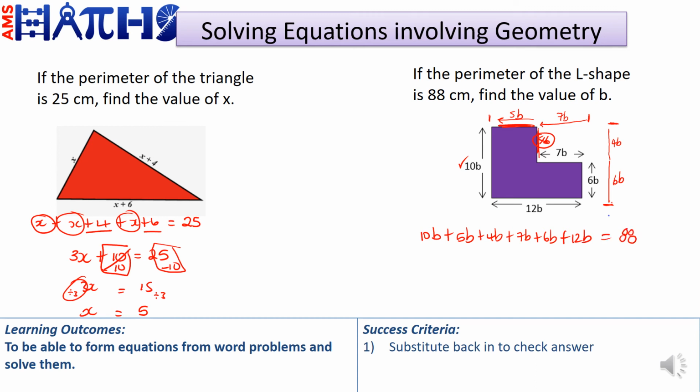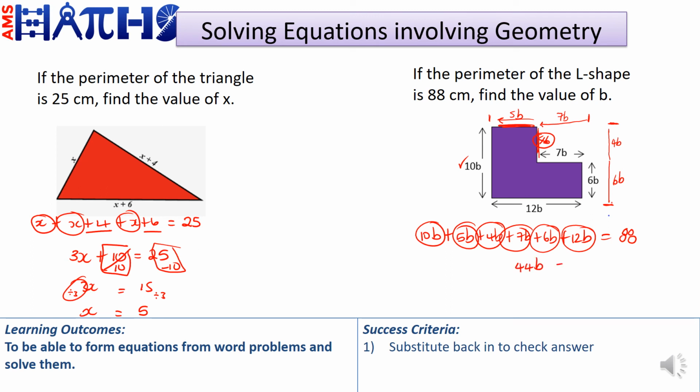Then we simplify. All of these are b's, so we just add them. 10 plus 5 is 15, plus 4 is 19, plus 7 is 26, 26 plus 6 is 32, and 32 plus 12 is 44.